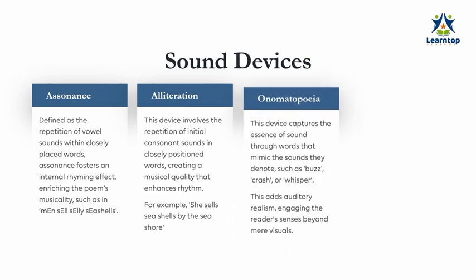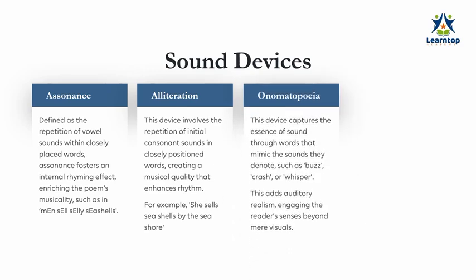Moving ahead, onomatopoeia is the essence of sounds through words that mimic the sounds. For example, words used such as crash, buzz, whisper. This basically adds to the reader's senses beyond visuals. It's adding to their auditory realm.